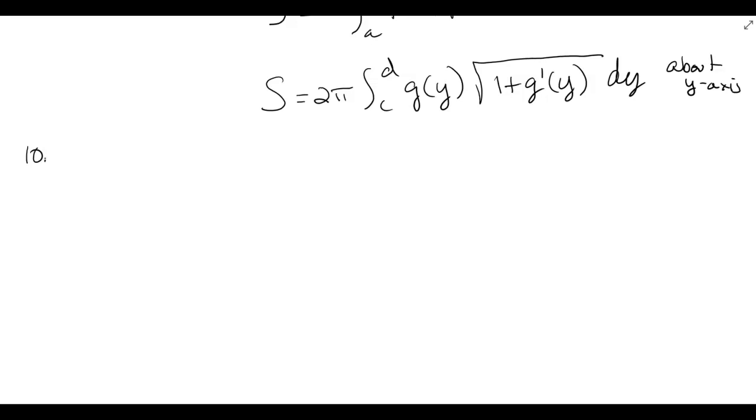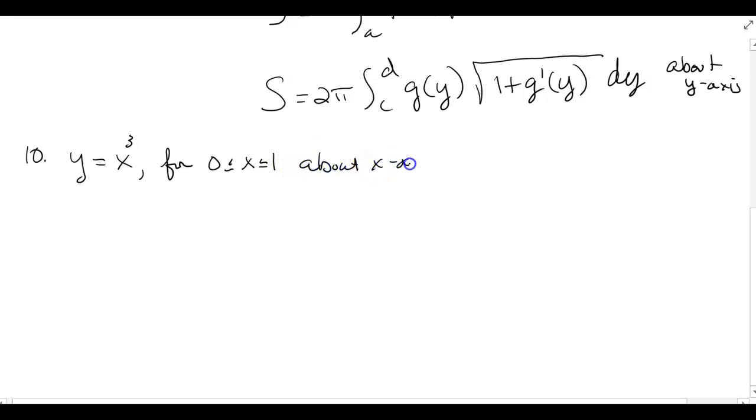So number 10 from 6.6 in our textbook is going to give us a figure of y equals x cubed for x between 0 and 1. And we're going to go about the x-axis. Always double check, make sure your equation matches the revolution axis. So we're going about the x-axis, which means our equation must be solved for y, and it is.